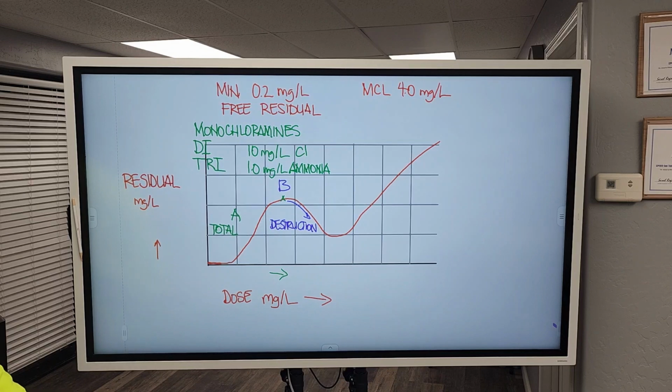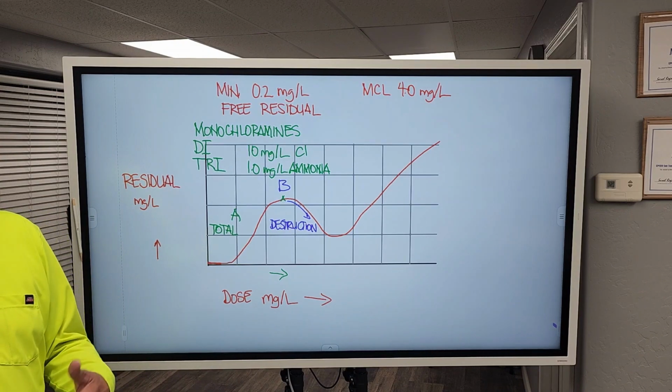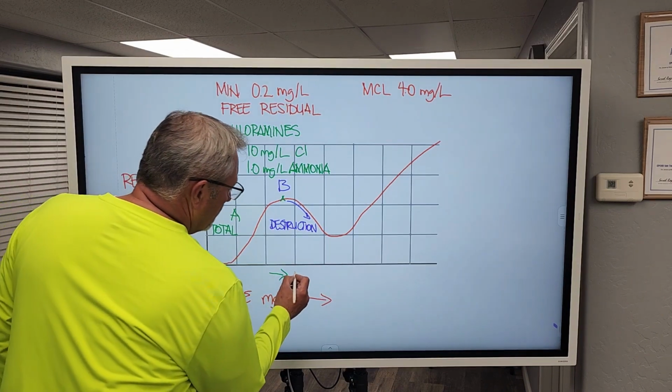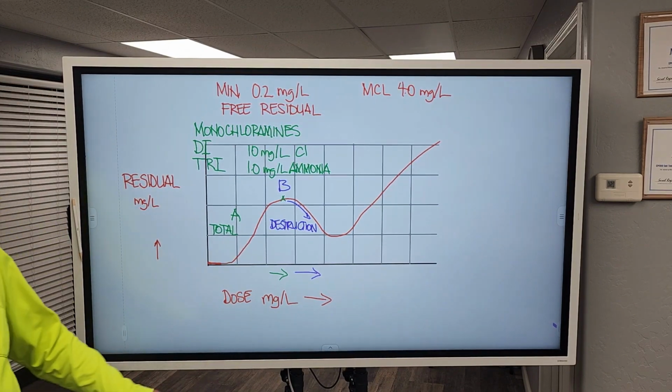Now, right in this area is where we want to start testing for free chlorine residual, because again, we're increasing the dose. We're giving it contact time, okay?